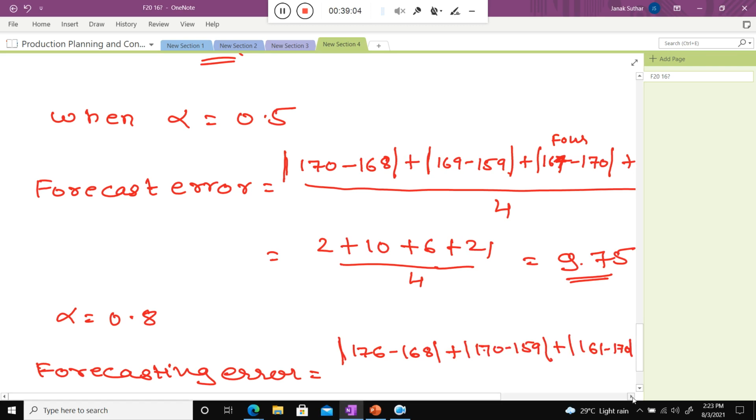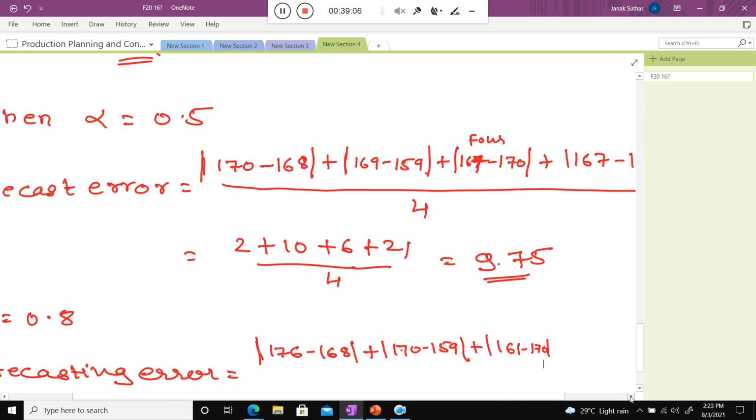So can you calculate what will be the value? How much? 12. Okay, so error is more when I consider alpha is equal to 0.8.